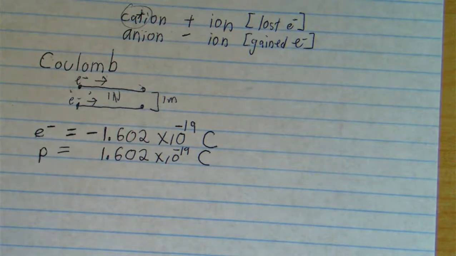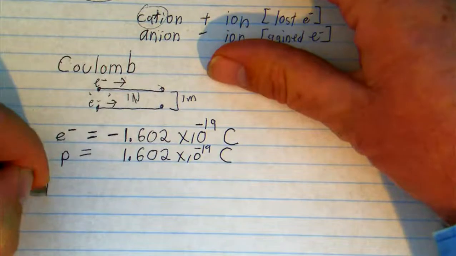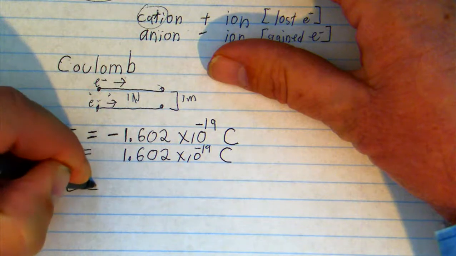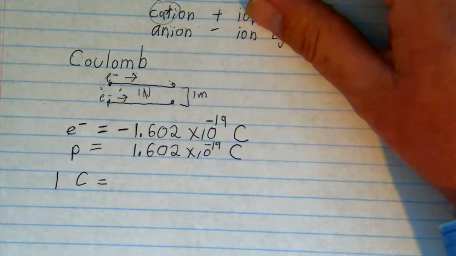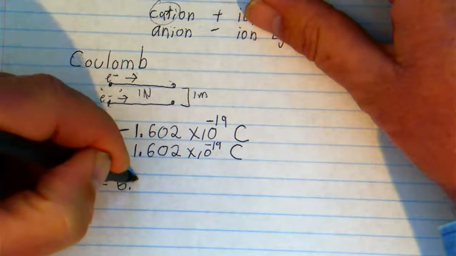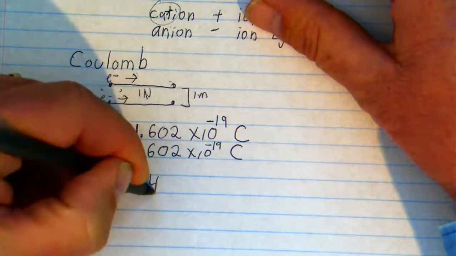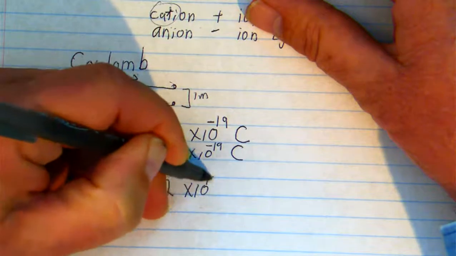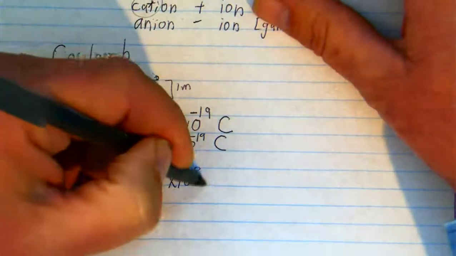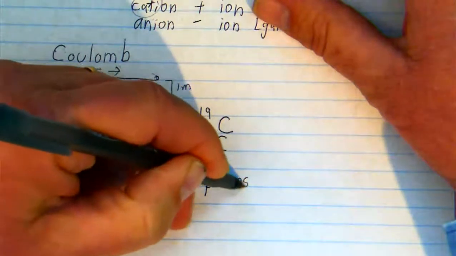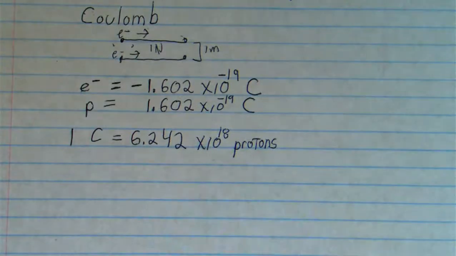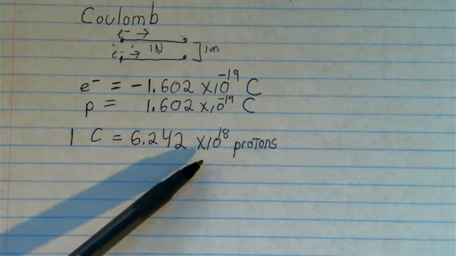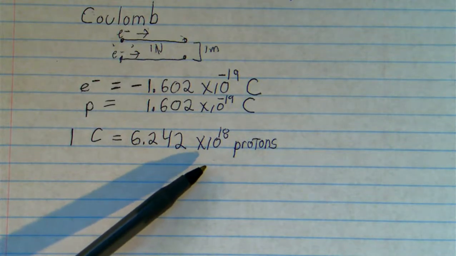If I take the reciprocal of that number, that would mean 1 coulomb of charge is equal to the electric charge on 6.242 times 10 to the 18th power protons. 1 coulomb of electric charge is the amount of charge on billions of protons.